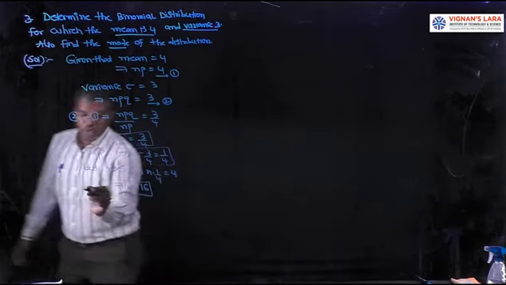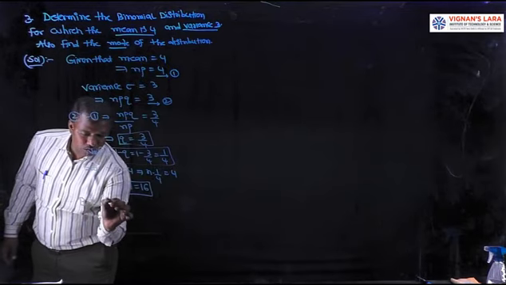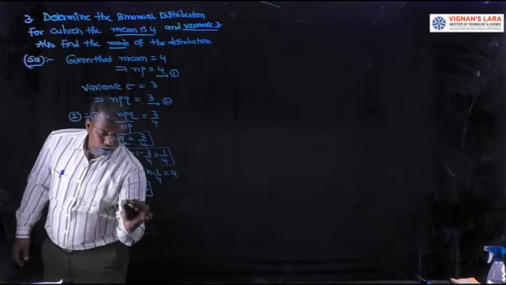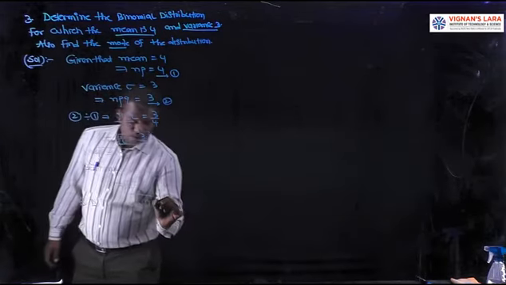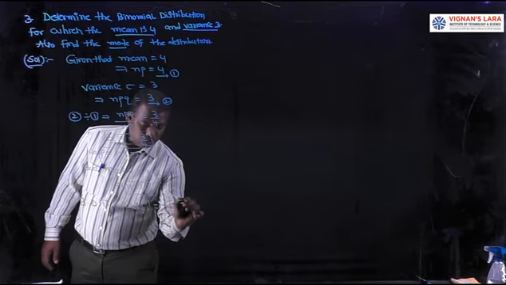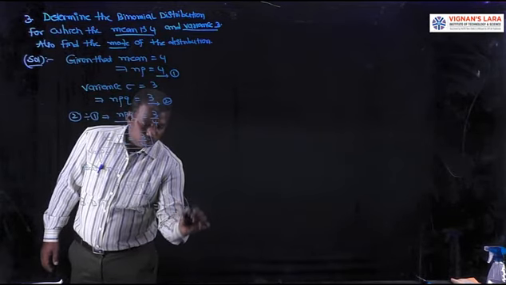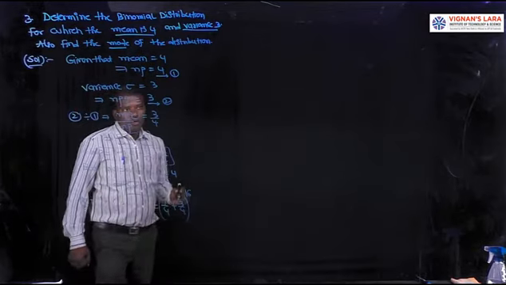Therefore, the binomial distribution is (P plus Q) whole power N, that is (1 by 4 plus 3 by 4) whole power 16. That is the binomial distribution.